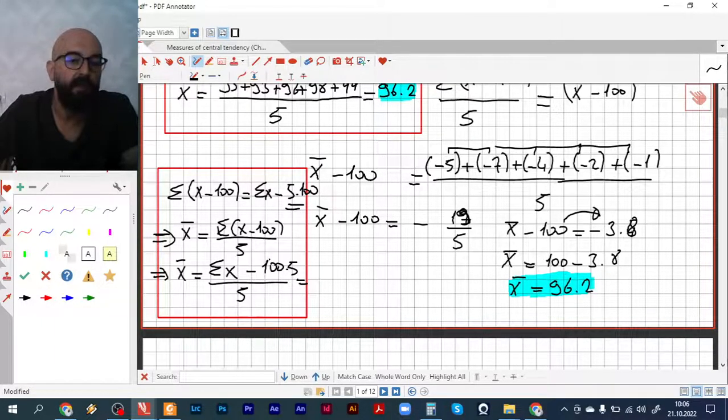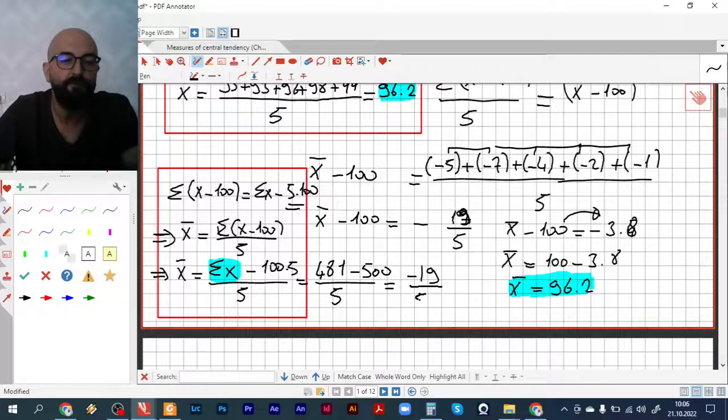So this equals 481 minus 100 times 5, so 500, over 5, so negative 19 over 5.